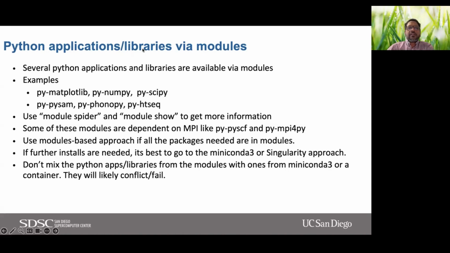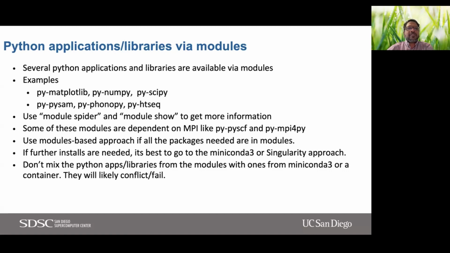And I'm going to talk about the Miniconda 3 side of things. Most of our users end up with either a Conda install or a Singularity approach. But the key thing to keep in mind is that you have to stick to one particular approach. You can't mix things between all of these.